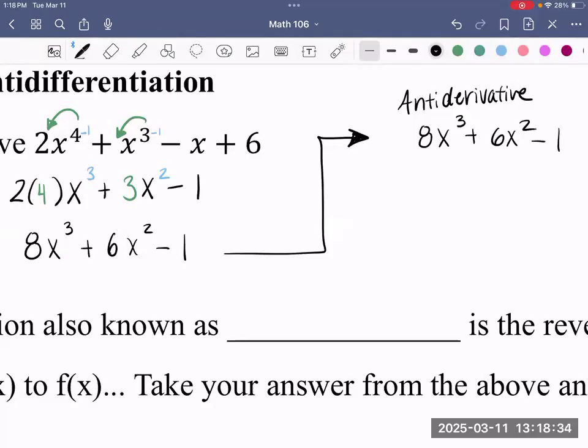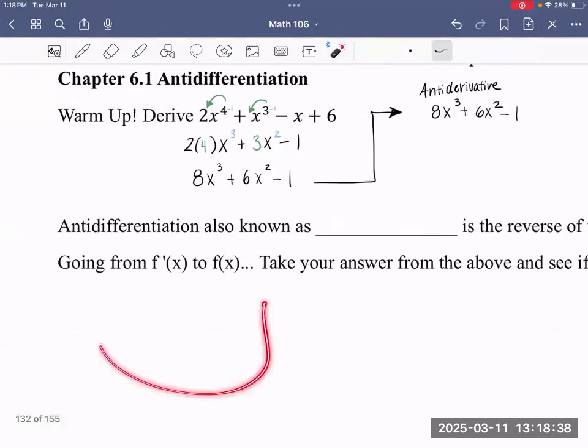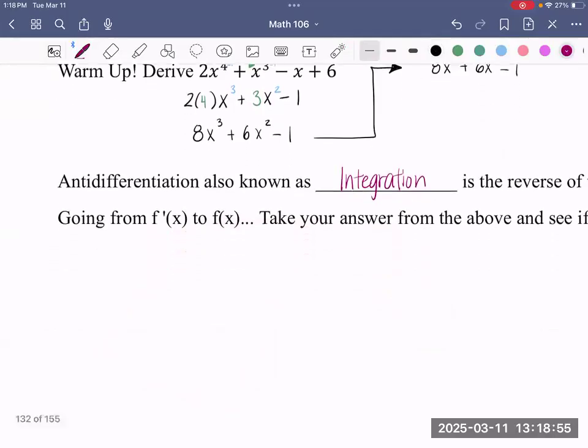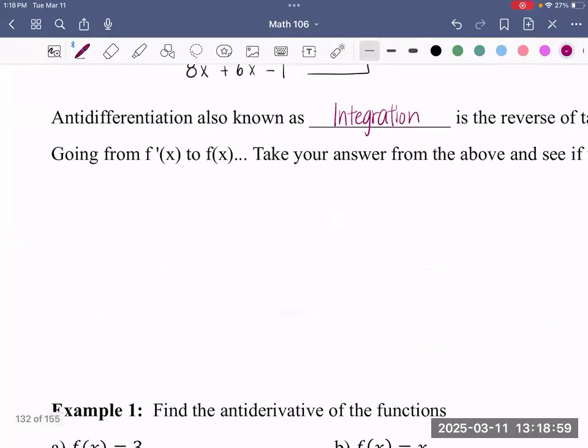That is what we're going to do with the bottom portion right here. When it says anti-differentiation, it's also known as integration. It's just the reverse of taking your derivative. So let's take that derivative that we have here and go in the reverse.